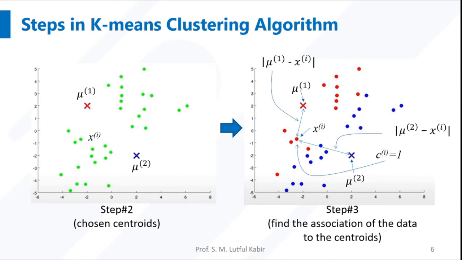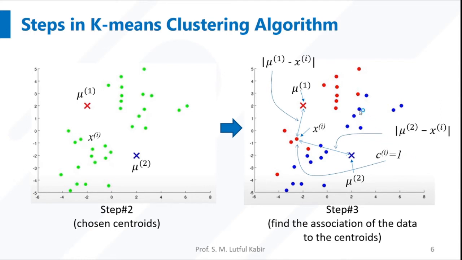So this is the point which is associated with centroid number 1. We'll define another symbol, Ci, which is equal to 1. Ci means the centroid association. This point is associated with which center? Number 1. That's why Ci will be 1.